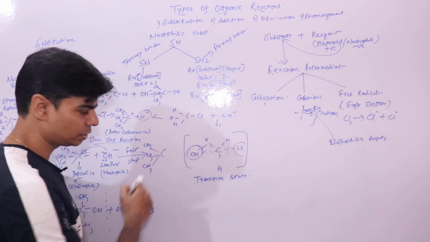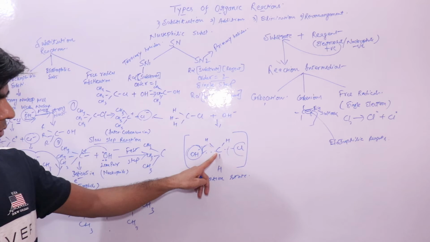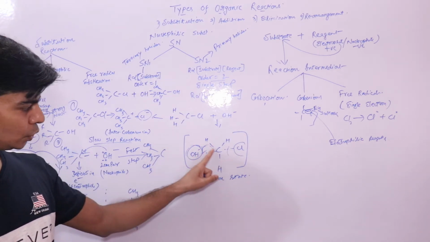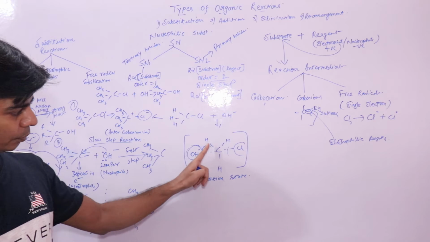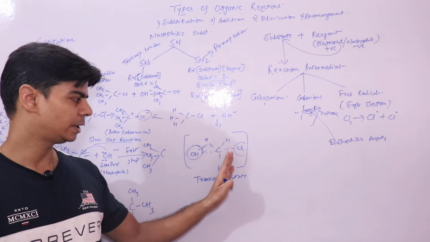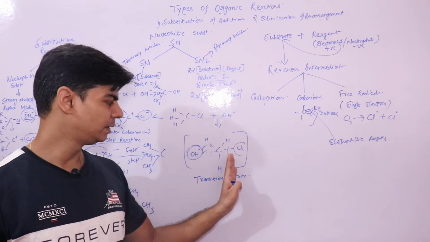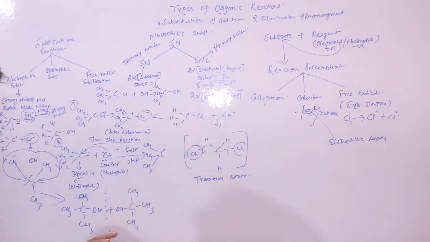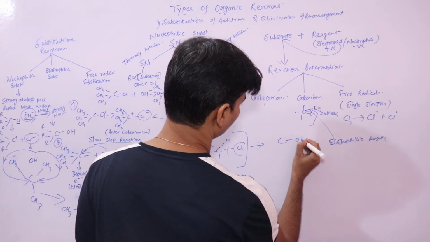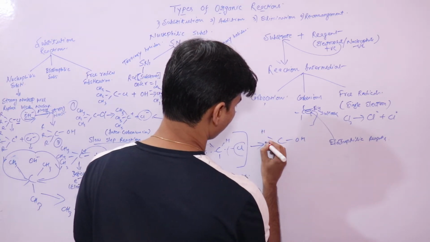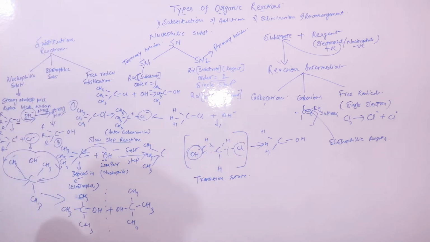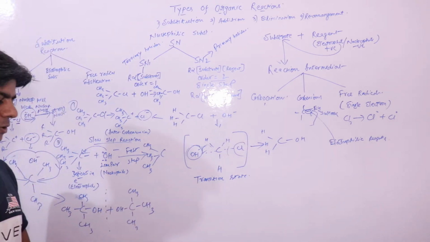Because OH is a strong nucleophile, it will attract the bond pair towards itself, thereby forming a bond with the carbon atom, and Cl will lose that electron pair and be replaced by OH. And it will result into alcohol.